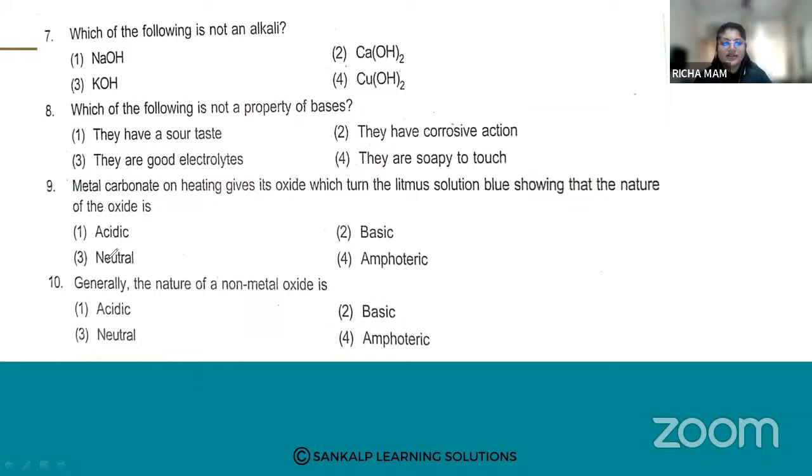So, what will be the nature of the oxide? First one acidic, second one basic, third one neutral, fourth one amphoteric. Yes, students, try to answer.